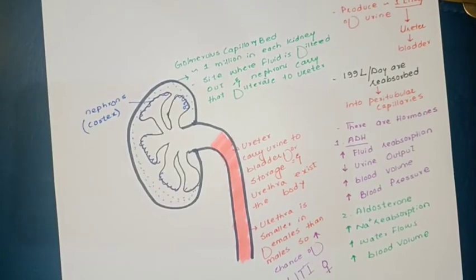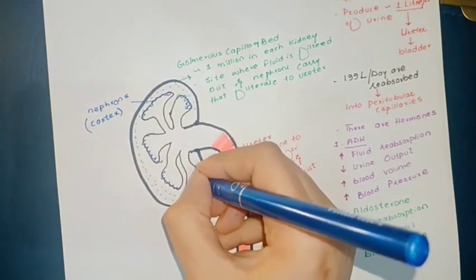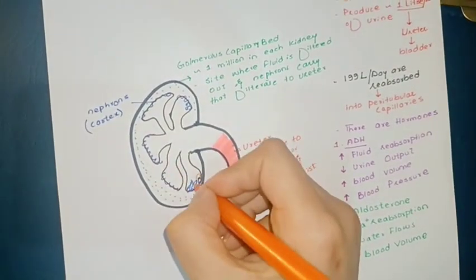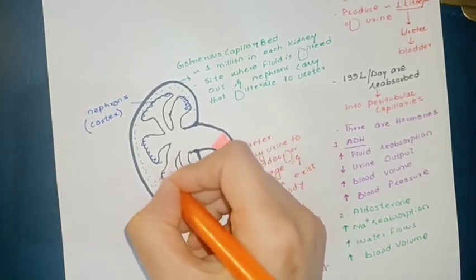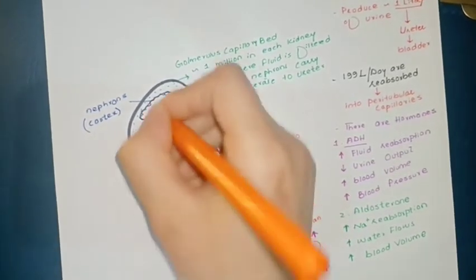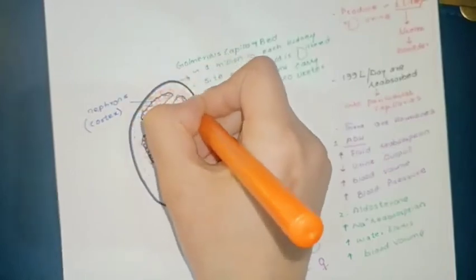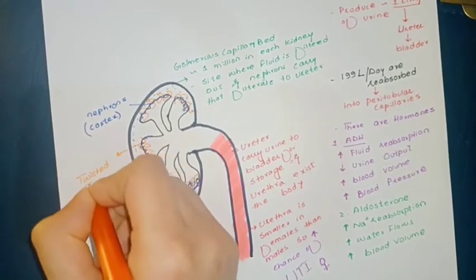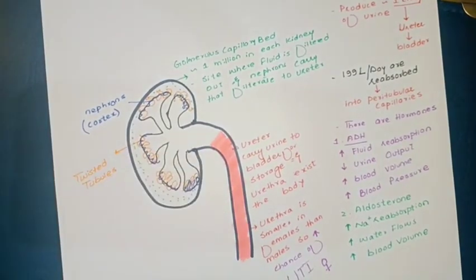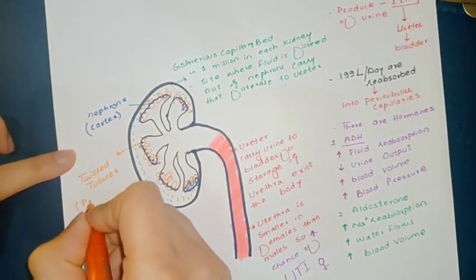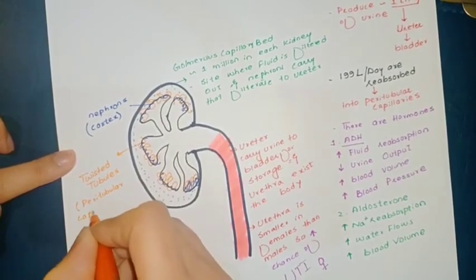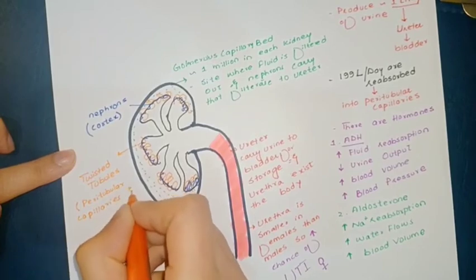Next are the twisty tubules. I'm marking with another pen. These are many thousands of twisty tubules, surrounded by peritubular capillaries, and they reabsorb.